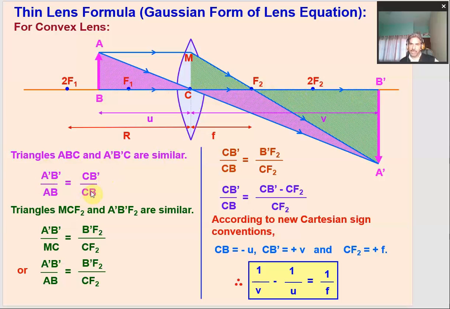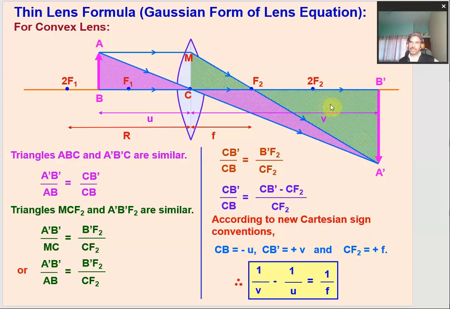Similarly, let us take another pair of triangles: MCF2 and A dash B dash F2. These two triangles are again similar because their corresponding angles are also the same. Therefore, the ratio of their corresponding sides is also equal.